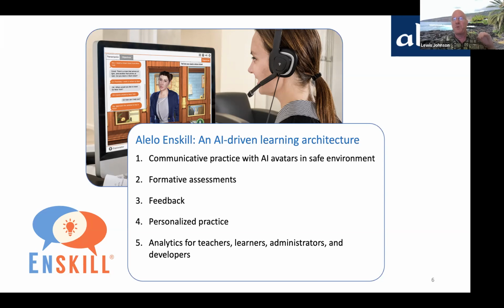But it's more than just practicing with an avatar. At the end of each episode or session, you get feedback on how well you did. You get personalized exercises in the areas where you need further practice.